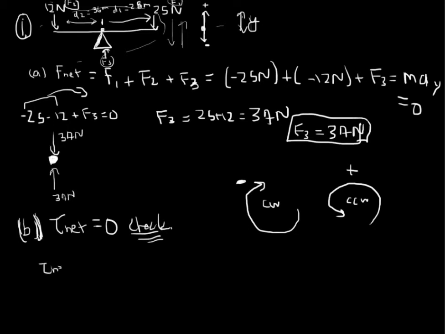So the net torque or moment is the torque caused by force 1 plus the torque caused by force 2. And we know the formula for moment is just the force times the distance to the point of interest, in this case the fulcrum.